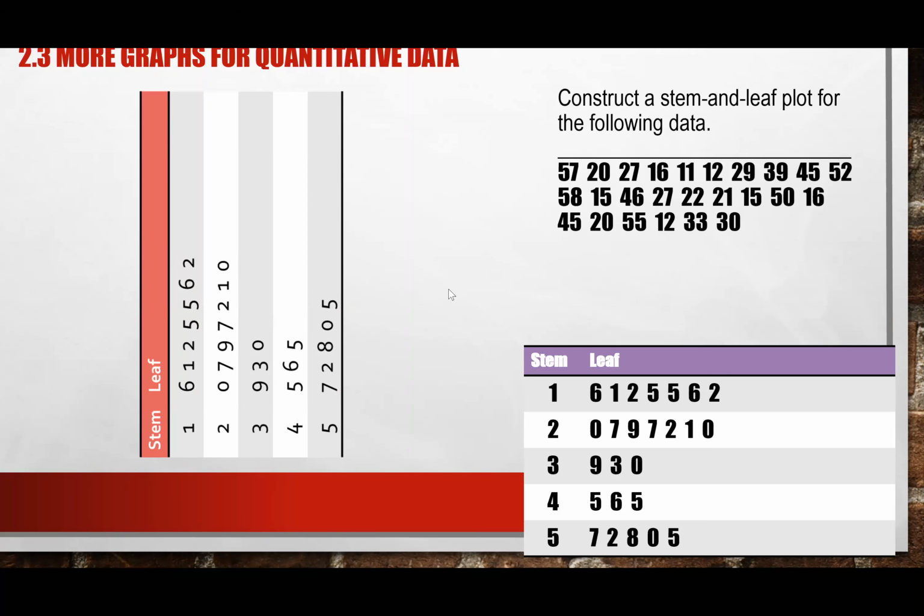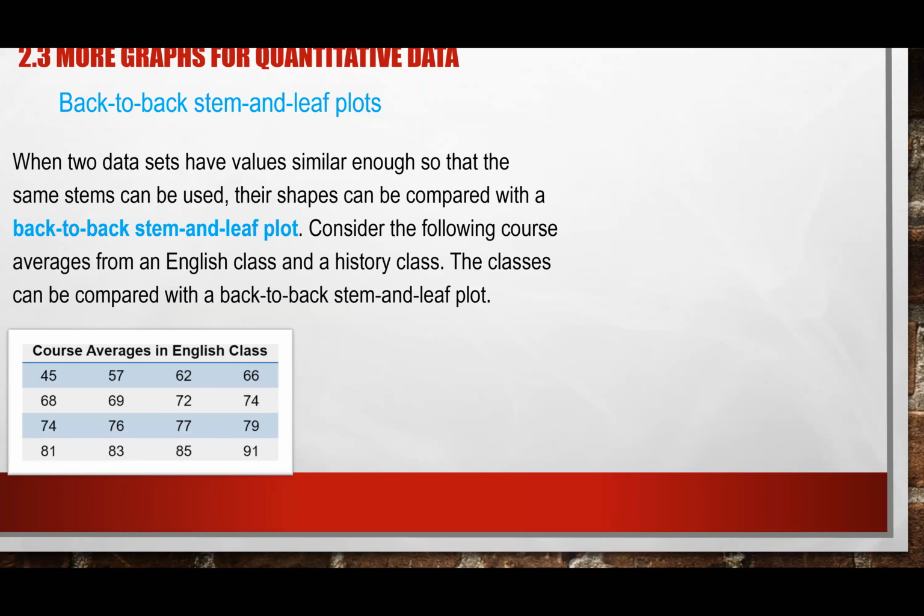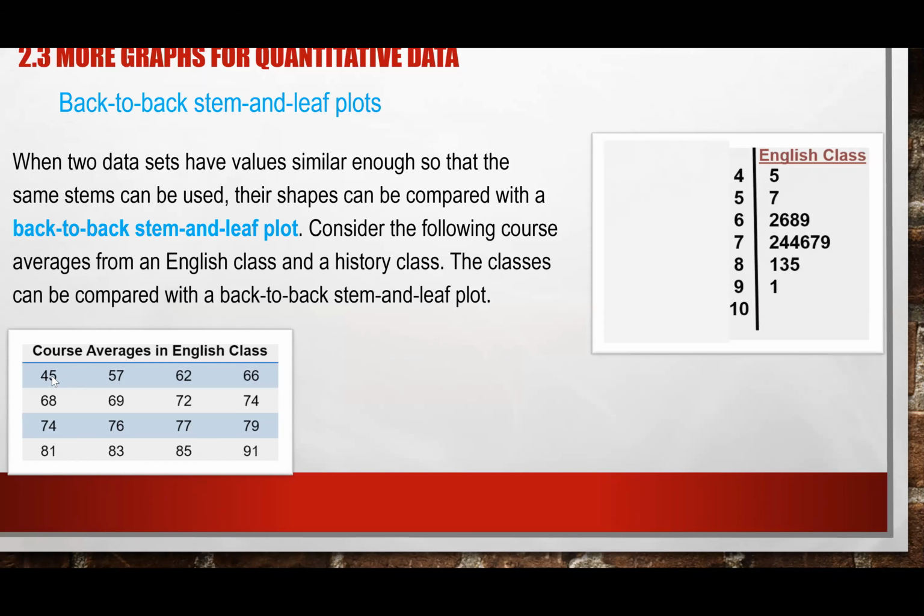The only thing different in 120 versus 203 is that now in 203, we have what's called a back-to-back stem and leaf plot, meaning we want to compare 2 data sets. We put those 2 data sets back to back. And the tedious part of this back-to-back stem and leaf plot in your Connect Math is this. If you look at this data, you can see that the smallest data, they are nice to you guys. They put them in order for you. 45 is the smallest data, 91 is the biggest data.